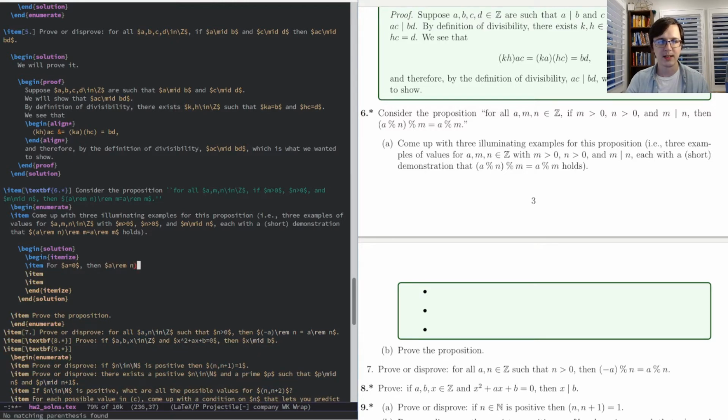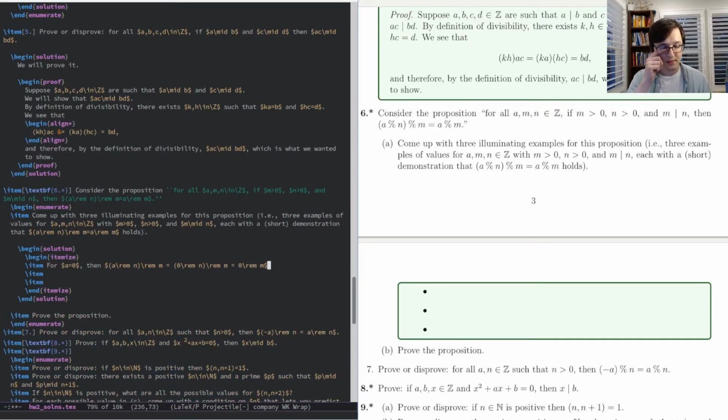So a mod n mod m equals 0 remainder, and remainder nm, which is 0 remainder m. Let's see, what else?